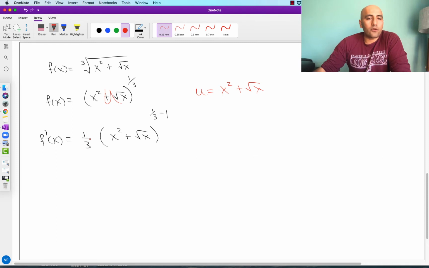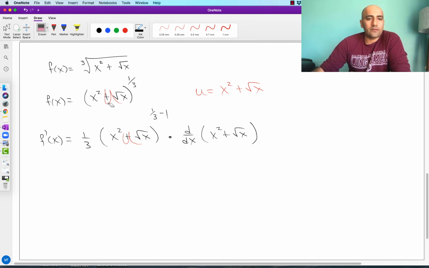Bring the 1/3 out in front. Copy this u and raise it to the power of 1/3 minus 1. That's going to be negative 2/3. But don't forget, and this is the most common mistake, we have to then multiply it times the derivative with respect to x of the u, which in this case is x squared plus the square root of x. Good. So this is that u.